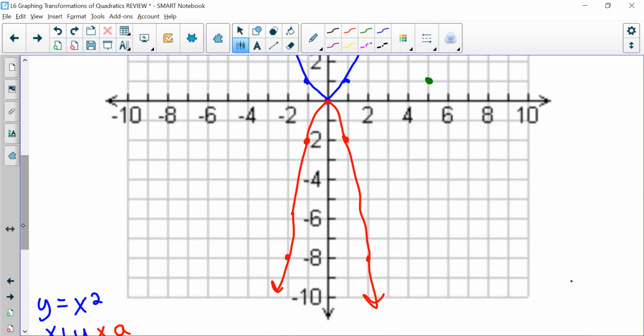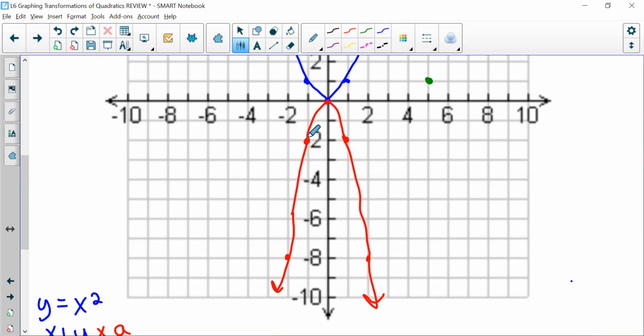You can count each point over, or you can start at the vertex and do it again. If I look at where my red vertex was at 0, 0, I shifted it right 5, up 1.